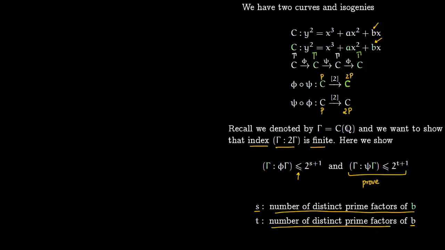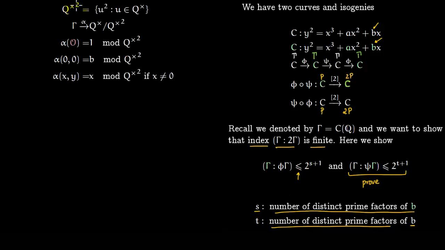So first thing is we define this Q, this square here. This is nothing but the group of rational points squared, that is u squared, such that u is a rational point. So u could be all the rationals except 0. So these are the units. This star here represents the units.